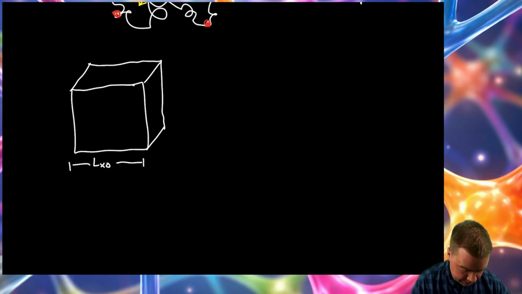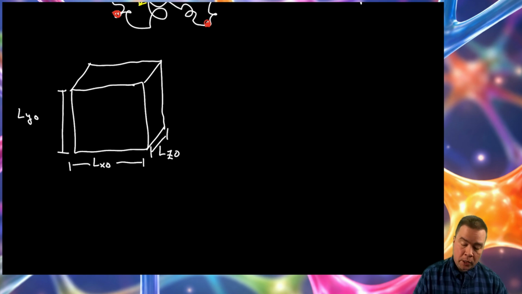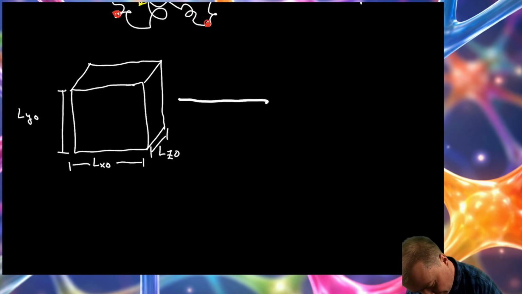Okay, so let's imagine that we start with this square cubic chunk of material like this. Let's say that this is Lx0. Okay, so that's the size of the material in that direction. Let's say that this, in this direction, is Ly0, and we'll call this Lz0. What we're going to do is we're going to pull on it.